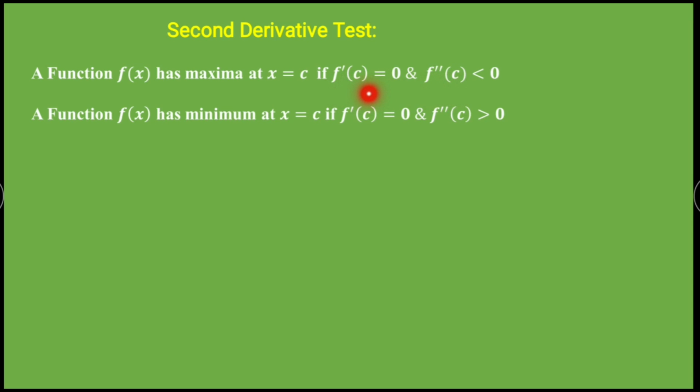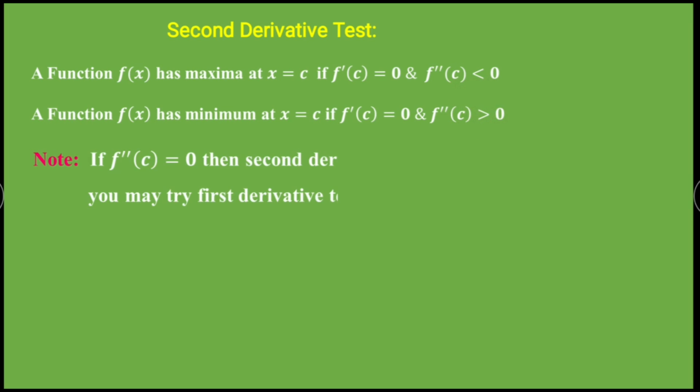From the first order derivative we find the extreme points, and with the help of the second derivative test, for that extreme point we check whether the given function is increasing or decreasing. If f''(c) equals 0, then the second derivative test fails, so you may try the first derivative test. That means when the second derivative test fails, we find the extreme point using the first derivative test.